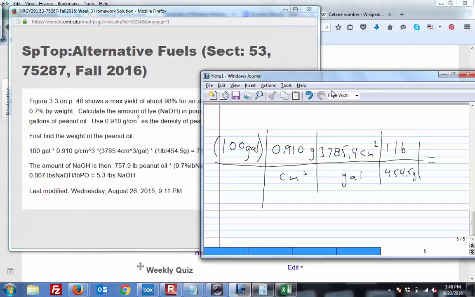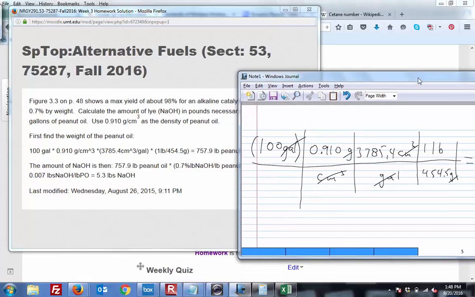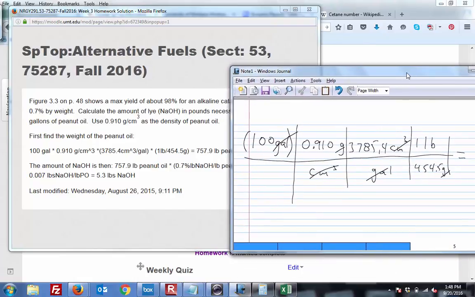Equals... so the gallons cancel, the centimeters cancel, the grams cancel, and we're going to be left with pounds. Just going through the arithmetic, 757.9.